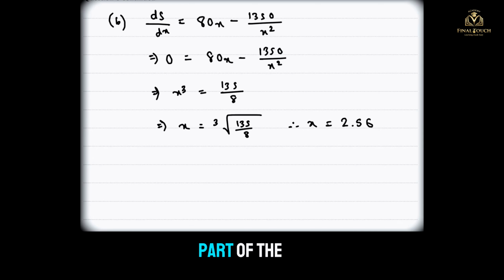In the later part of the question, it was told that we have to check whether it is a minimum or not. To check this, we have to find the second derivative. The second derivative should be 80 plus 2700 by x cubed.